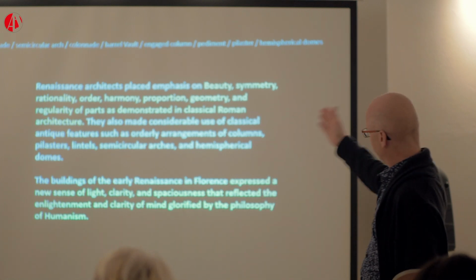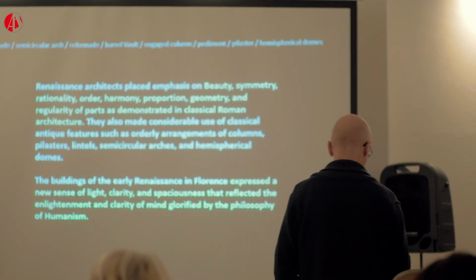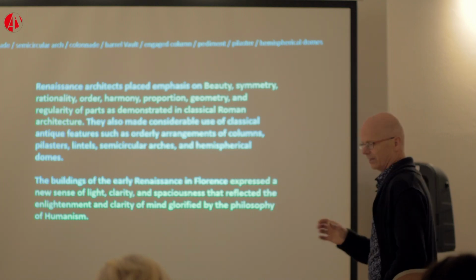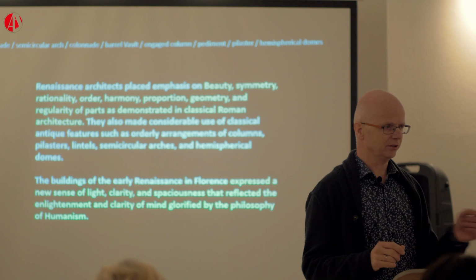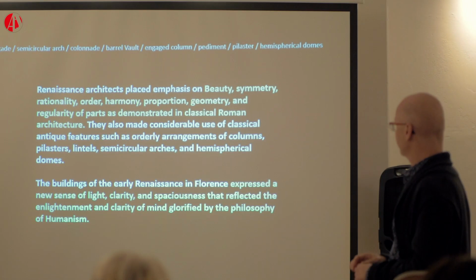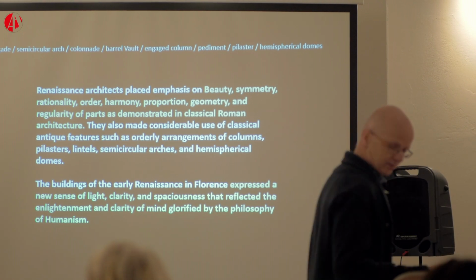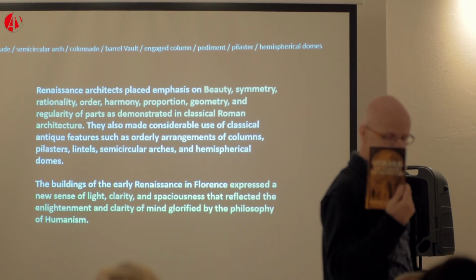So roughly, Renaissance architects placed the emphasis on beauty. I think that was the overall big thing that they concluded with. It has to be beauty. And it came all the way from this guy, Vitruvius.